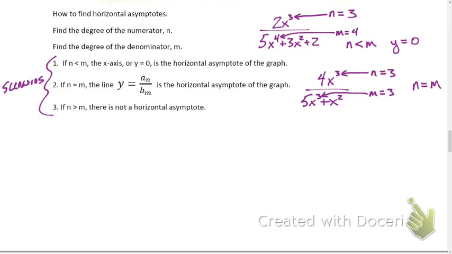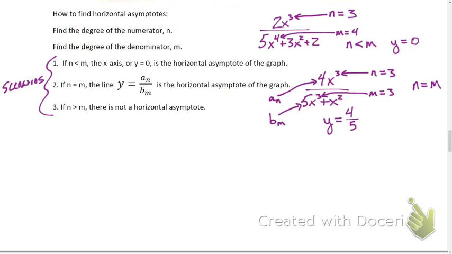The lead coefficient for the numerator, that's a_n. This is the lead coefficient for the denominator. And those tell you what your horizontal asymptote is. So you write y equals 4 over 5, and you reduce if you can, but you can't on this one. So that is your horizontal asymptote.